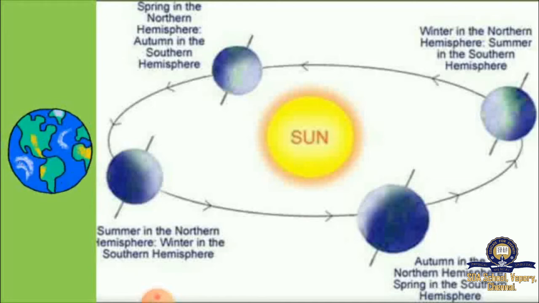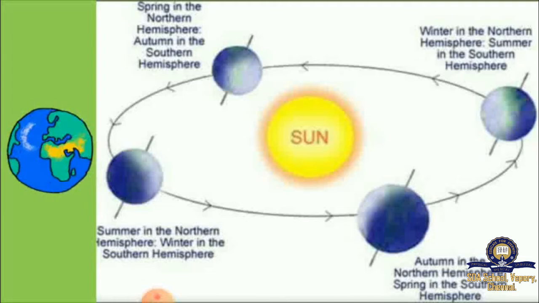Now we are going to learn the position of seasons that occur every year. The first position occurs before the sun. You can see the picture, no? Before the sun, one earth is there. That picture is position 1.